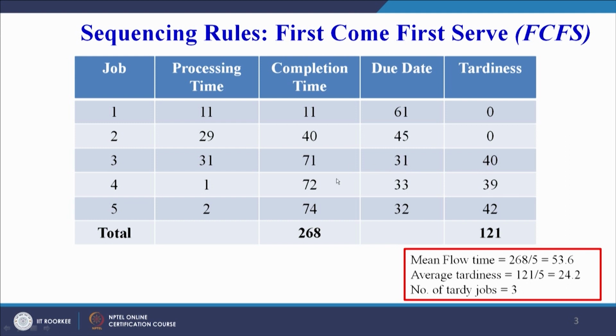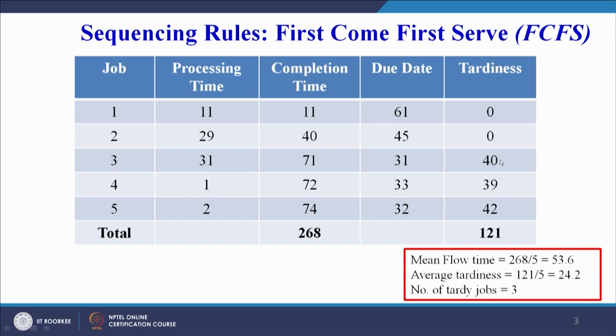Similarly, we can sequence all the 5 jobs one after the other and calculate the start time and the finish time, and based on the due date we can calculate the value of tardiness as we have seen in the previous session. Therefore finally we can calculate the mean flow time, which is based on the completion time: 268 divided by 5 jobs, average is 53.6.